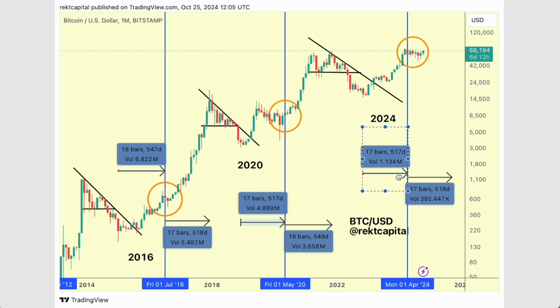So the key thing to mention is that we're probably going to see a repeat of 2020, because 517 days before the halving is where we got a bear market bottom in that cycle and also in this cycle. As a result, we're probably going to see a bull market peak occur 550 days after the halving. If that translates here as well, then we would peak in mid-October 2025. So when it comes to these copy-paste scenarios, that cyclicality is pretty phenomenal.